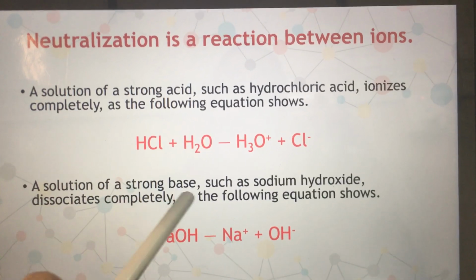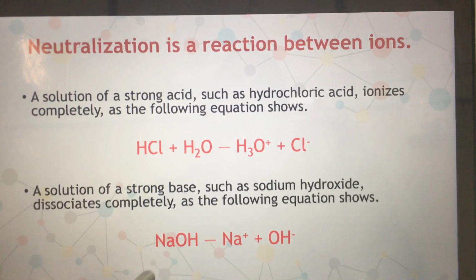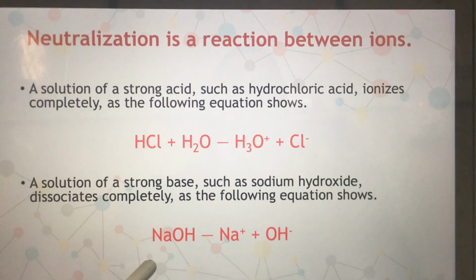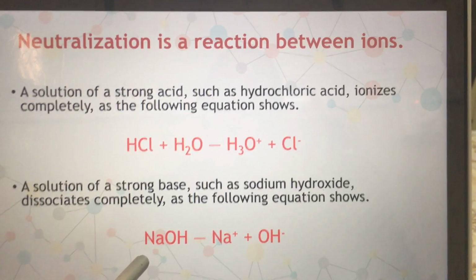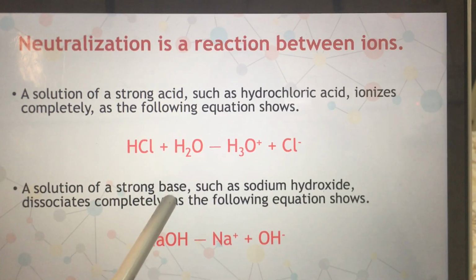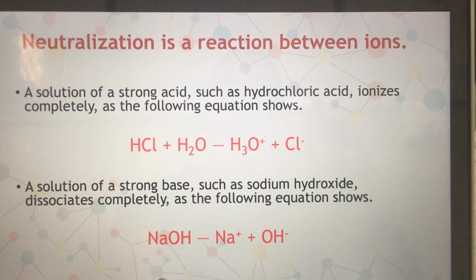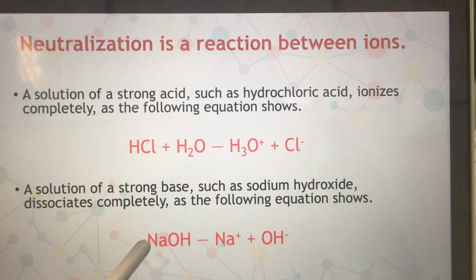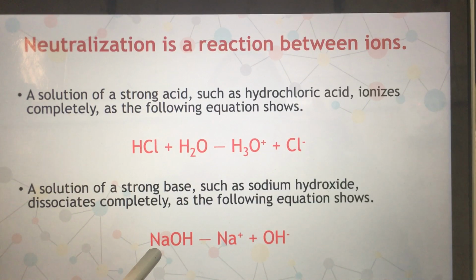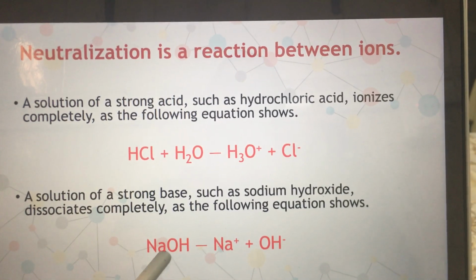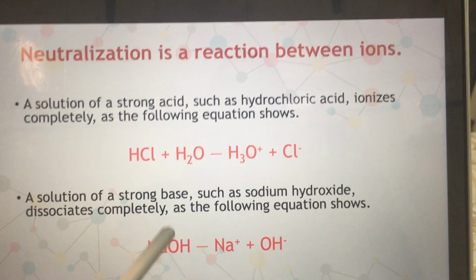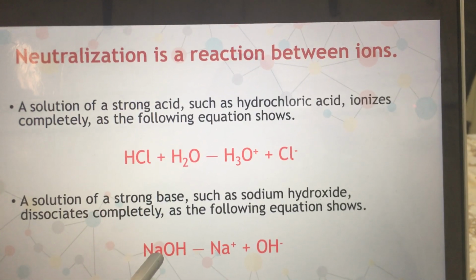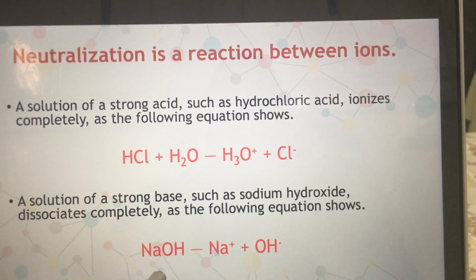A solution of a strong base like sodium hydroxide dissociates completely, which means the ions separate in water. How do the ions separate in water? Here also we divide the base into a positive part and a negative part. Here the positive part is sodium ions, the negative part is hydroxide ions. It means when you put this strong base in water, the ions will separate.